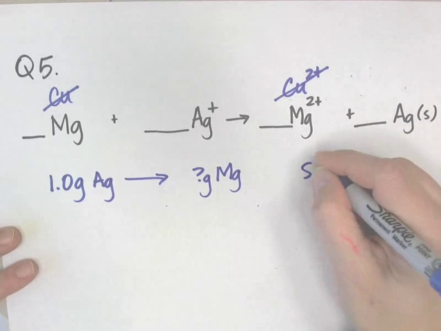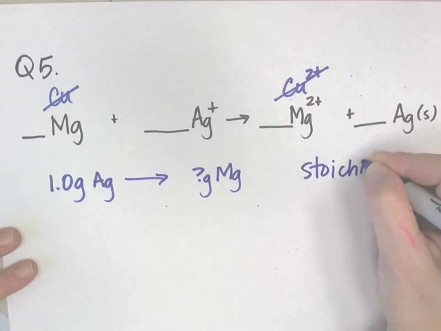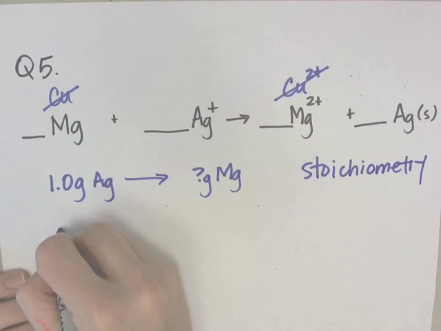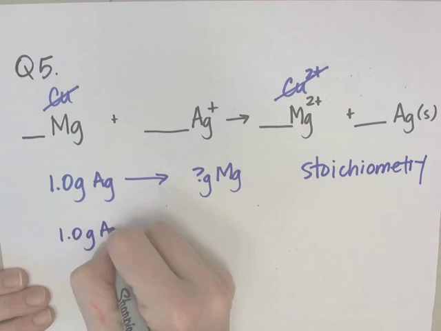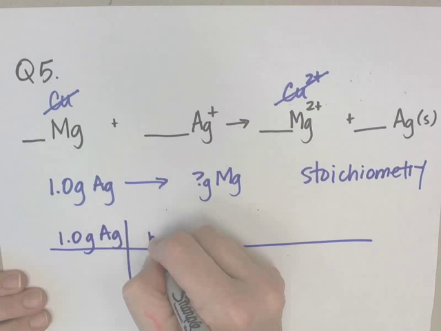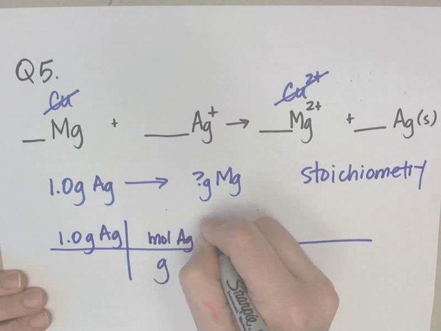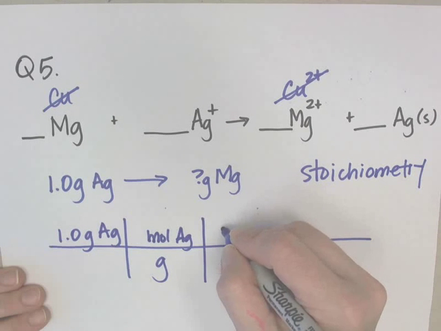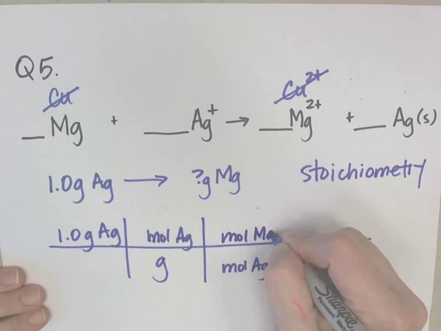And this is just a straight stoichiometry question. It's a good time to review that maybe. 1 gram of silver can be converted to moles. And then moles of silver can be converted to moles of magnesium.